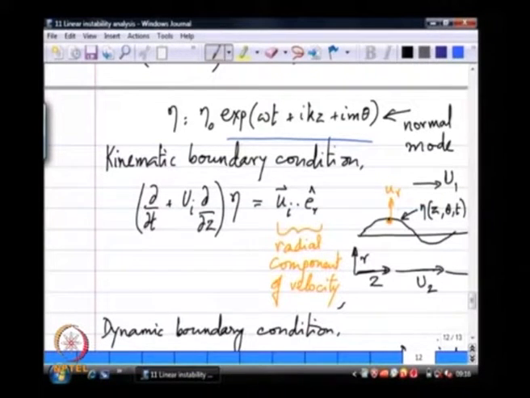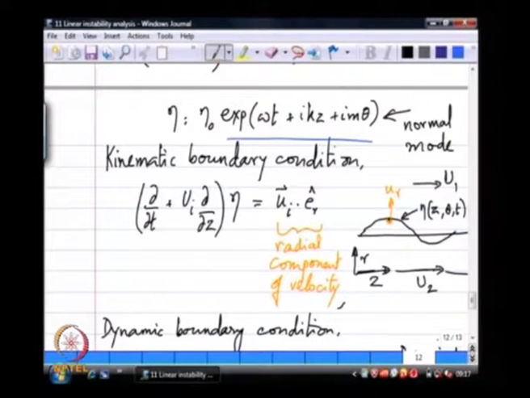This u r is the Eulerian velocity inside the jet. Also, since the material point happens to be on the interface, the rate of change of eta should equal that material velocity, or the Eulerian velocity at the interface.